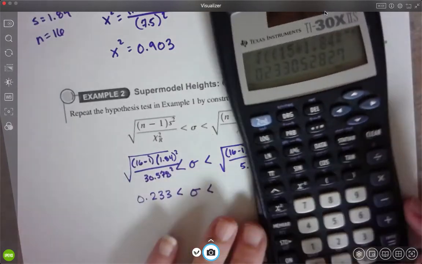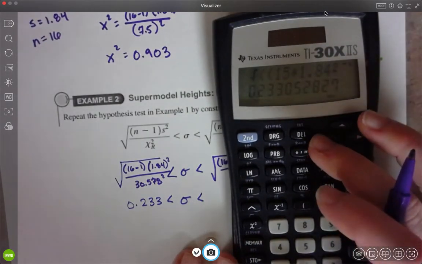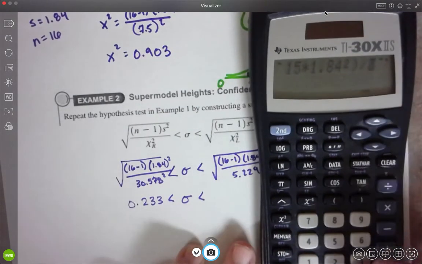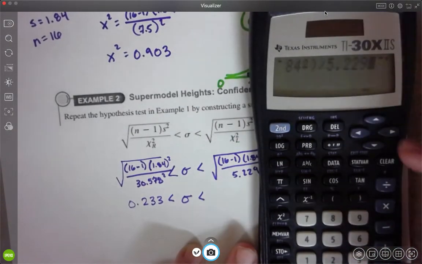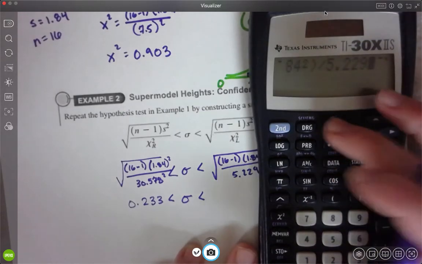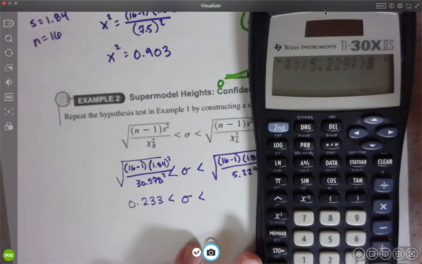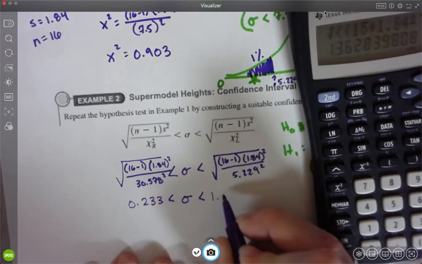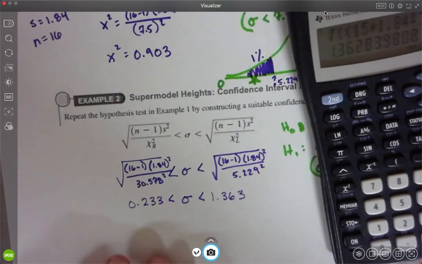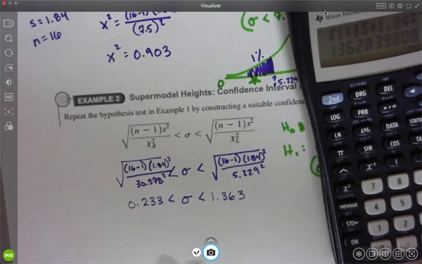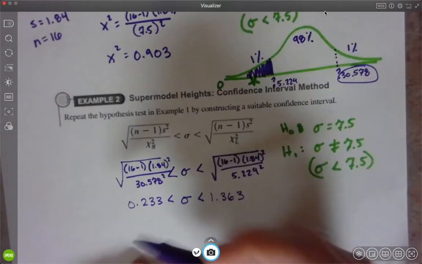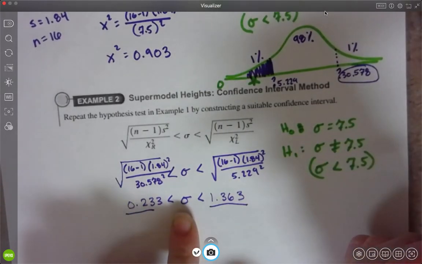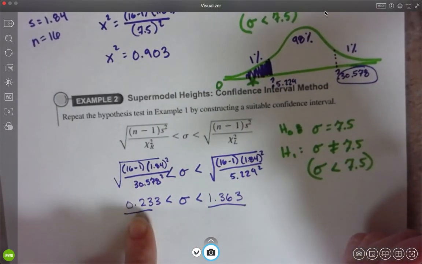Okay, now since I have it all typed in at one shot, I'm just going to go ahead and change my numbers up here. This is 5.229, and delete a number at the end. Okay, and I get 1.363, if we round to 3 decimal places. All right, and so this is what my confidence interval looks like. It says that my standard deviation should be between 0.233 and 1.363.